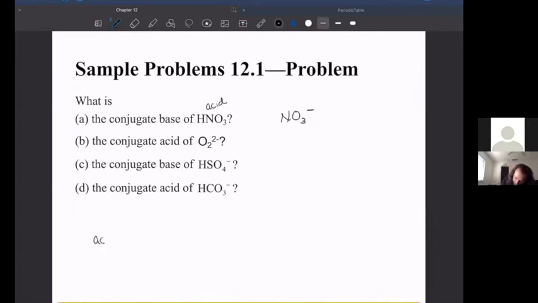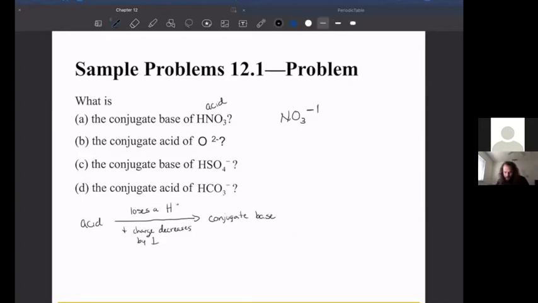So an acid going to its conjugate base loses a proton, loses the hydrogen, and its charge decreases by 1. All right, so I went from being neutral to having a charge of -1, and I lost that proton.